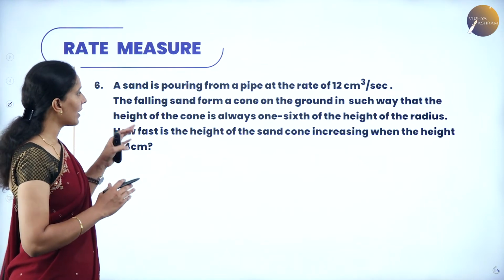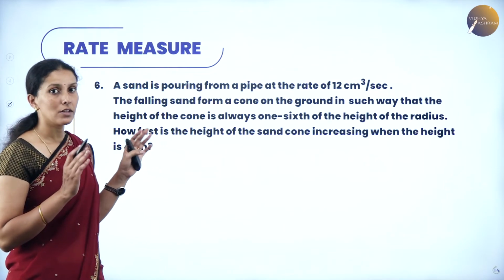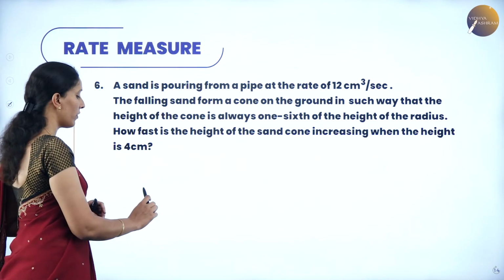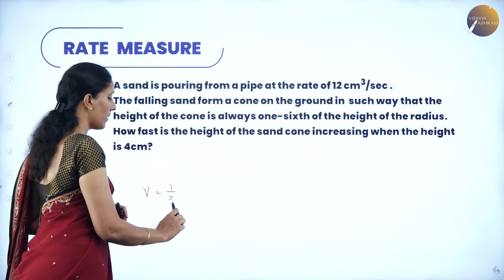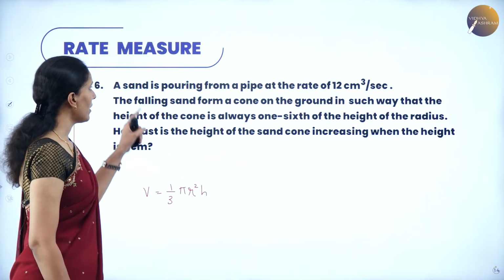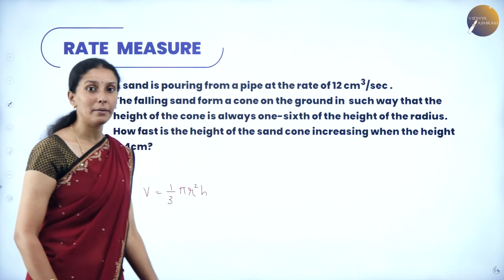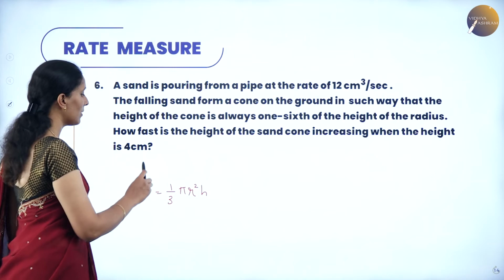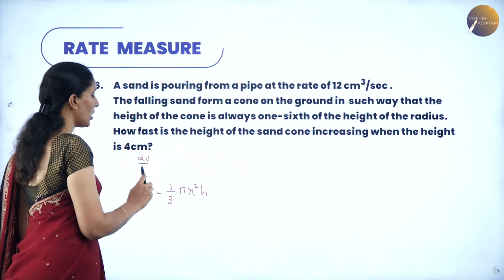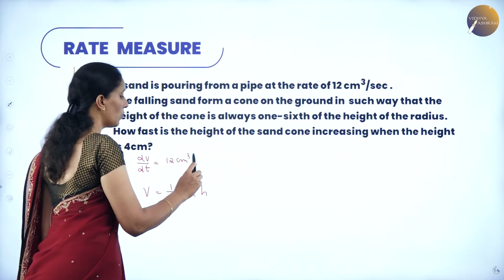So remember, we are completely discussing a cone here, and we should remember the volume of a cone. The volume of a cone is given by 1 by 3 pi r square h. Now what is given? The sand is pouring from the pipe at the rate of 12 centimeter cube per second. That means the change in volume is given, that is 12 centimeter cube per second.